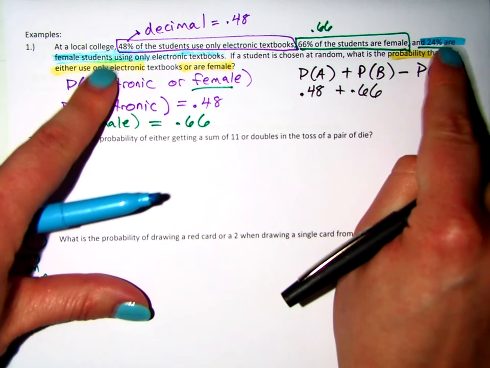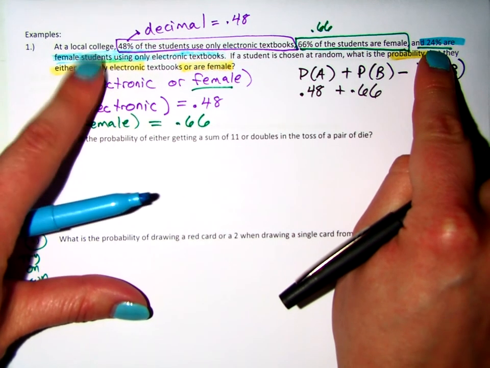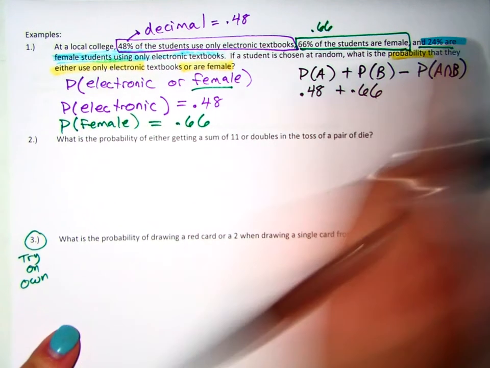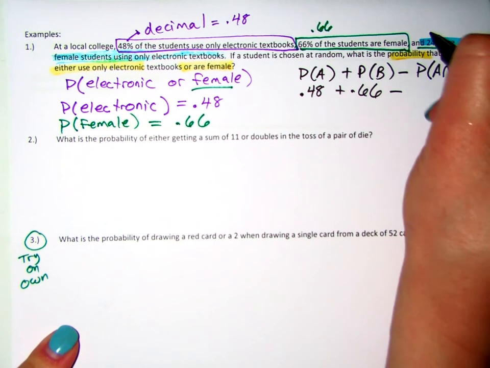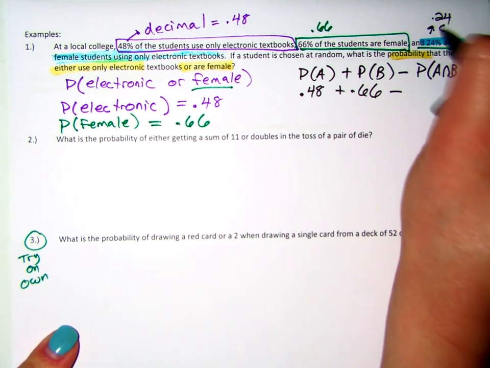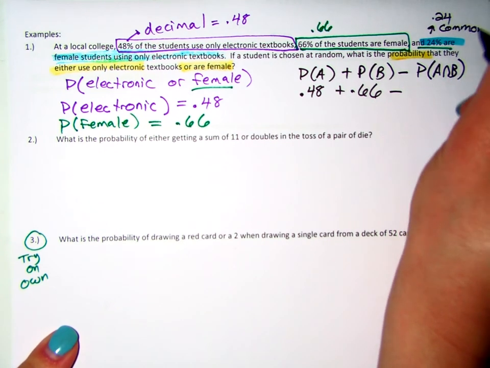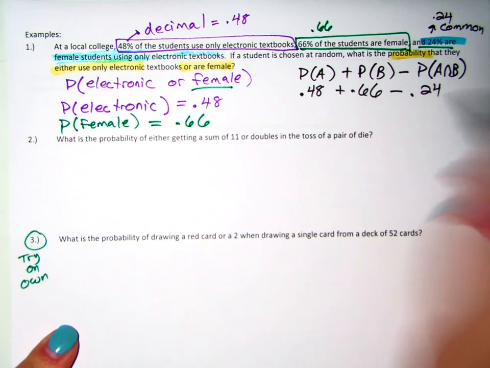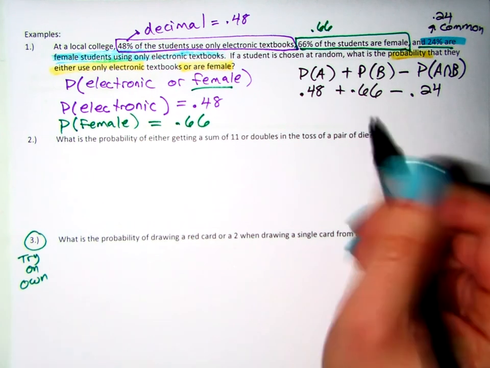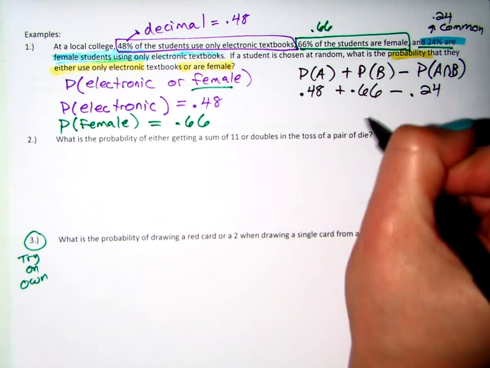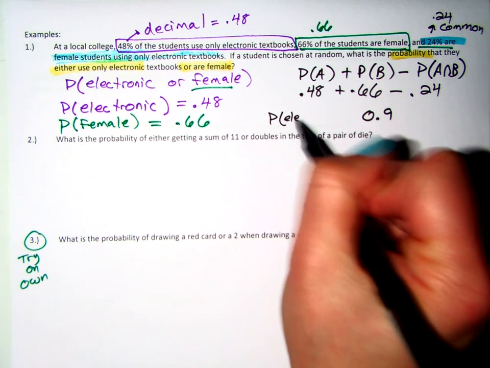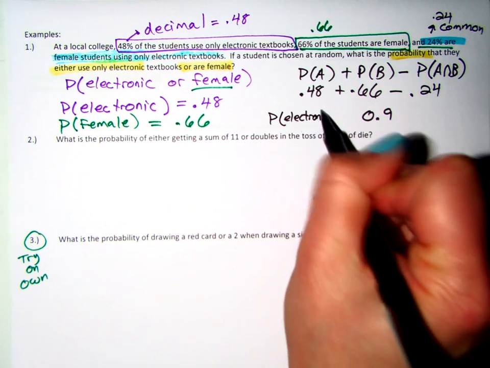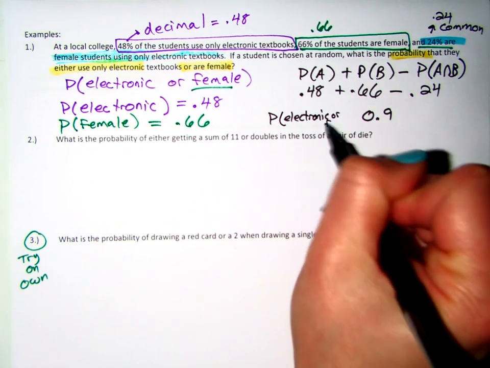So that tells you that's how many are in common in both of them, because they're both female and doing electronics. So we're going to subtract out the 0.24 because this is what is in common in both of them. If you were to type that in your calculator, you would end up with 0.9 as the probability of electronic or female.